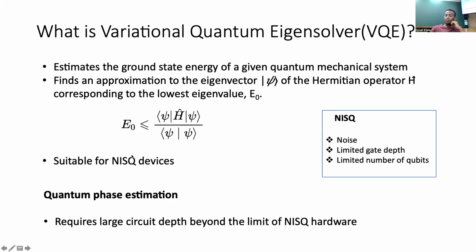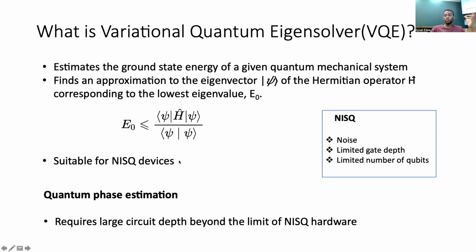Oh, okay. How does the quantum phase estimation method estimate the ground state energy? If we have a certain Hamiltonian describing a certain physical system, the ground state energy is the minimum eigenvalue of that Hamiltonian, right? A quantum phase estimation algorithm could be used to find the eigenvalue of a given unitary operator, right?